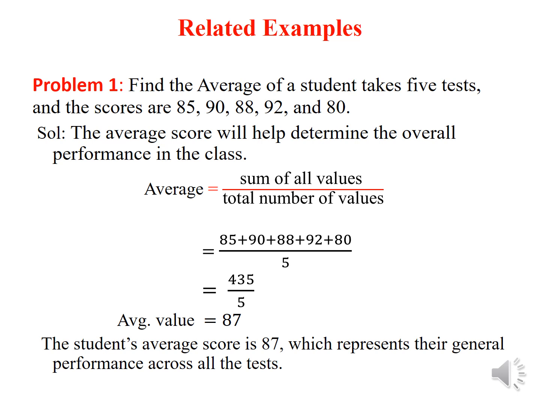So after adding all the 5 numbers, we got 435 by 5. After simplifying or cancellation in the 5 table, we got 87. So therefore the average value we got is 87. Therefore we conclude the student's average score is 87, which represents their general performance across all the tests.